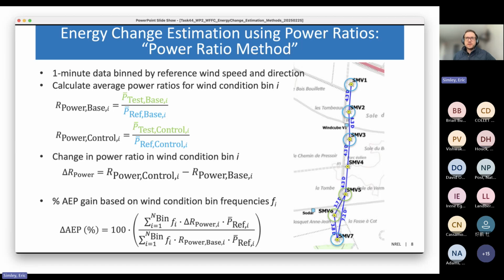Right. So there are no checks on how much data ends up in a particular bin. So you could have, in one bootstrap iteration, you resample the data. Maybe there's no data for a particular wind speed bin or a particular wind speed wind direction bin, if that's a less common wind condition. And then other times you might have 10 samples in that bin.